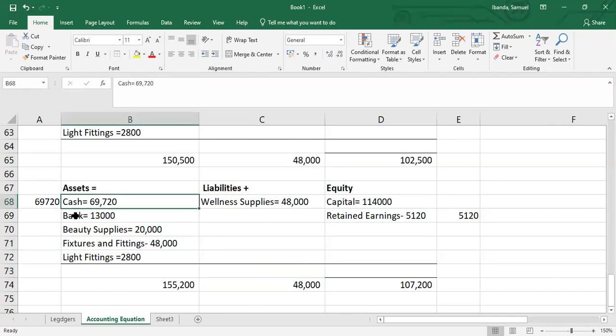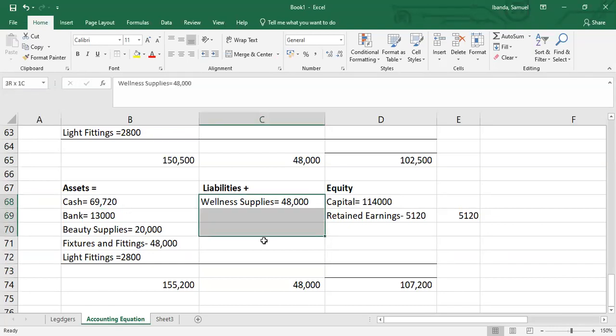Since the electricity and gas was paid by cash, our cash will reduce by 1680, which we've taken into consideration to come to 69,720. So that is already actioned.